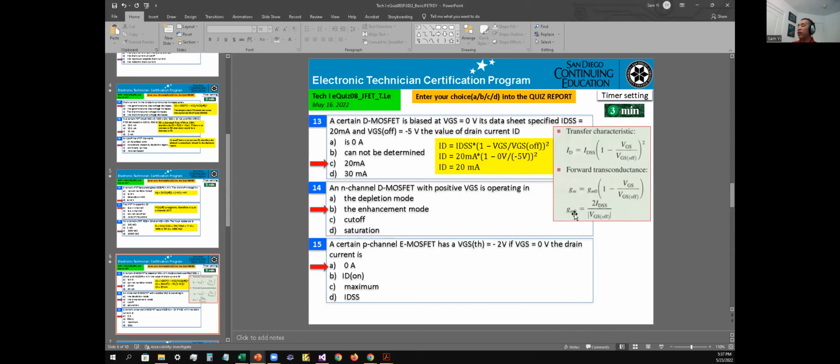A certain D MOSFET is biased at VGS equals 0 volt. Its data sheet specifies IDSS equals 20 milliamps and VGS off equals -5 volt.